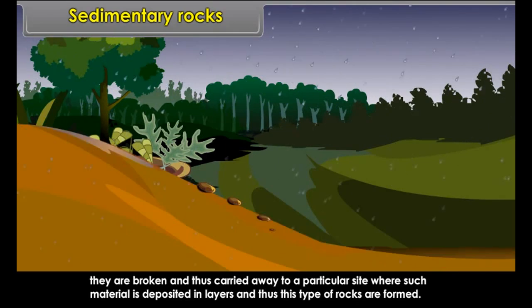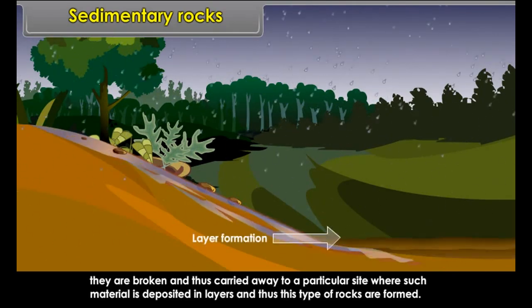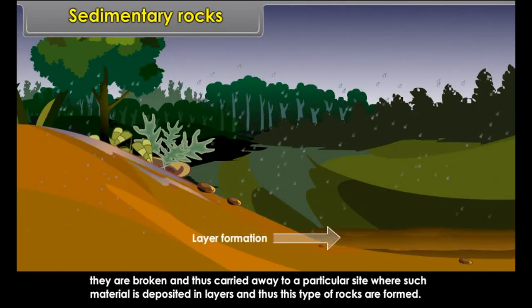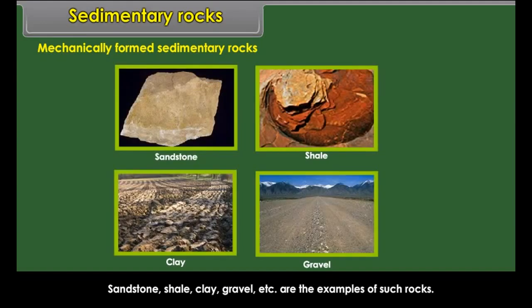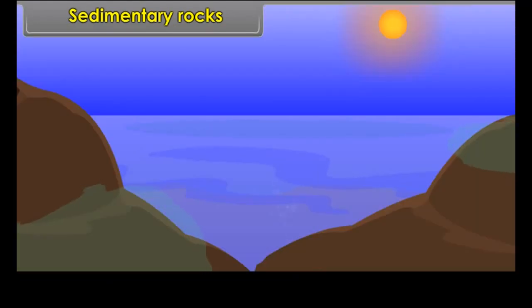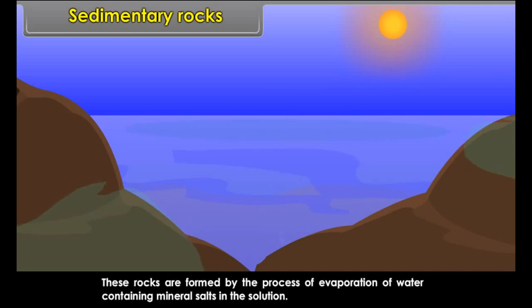These rocks consist of a number of layers and often contain fossils of animals and plant life. These rocks are comparatively soft. They are classed into the following subtypes: mechanically formed sedimentary rocks, chemically formed sedimentary rocks, organically formed sedimentary rocks.